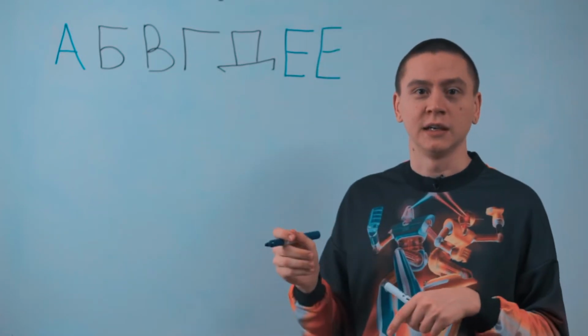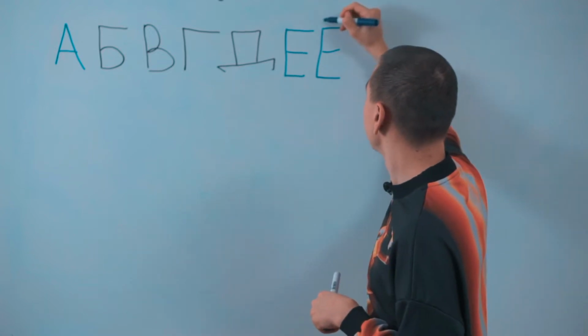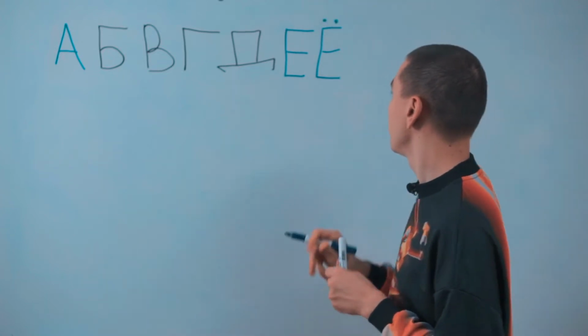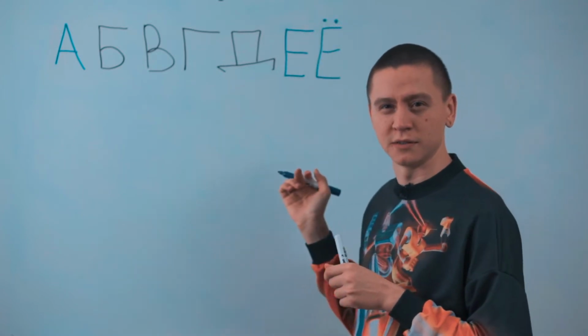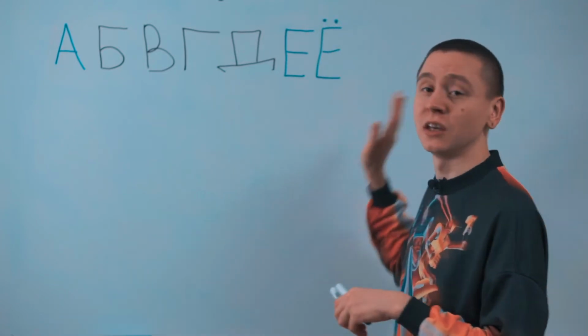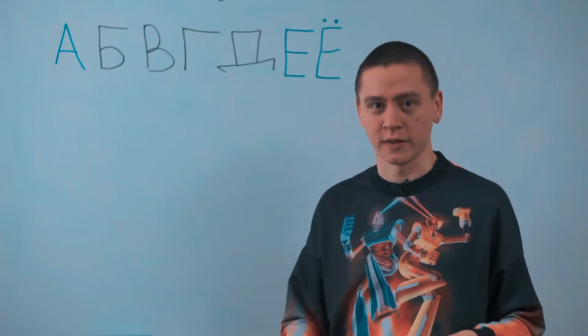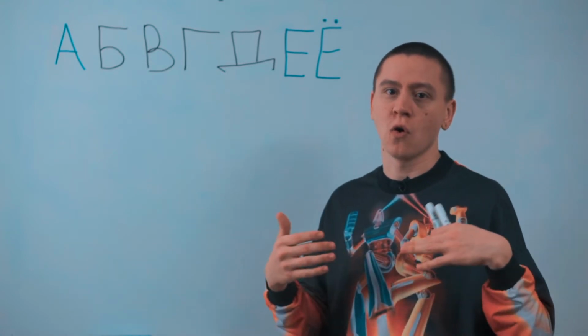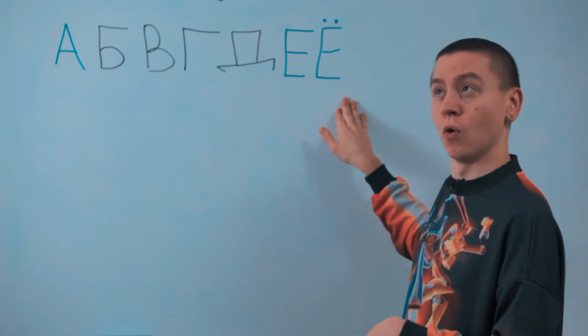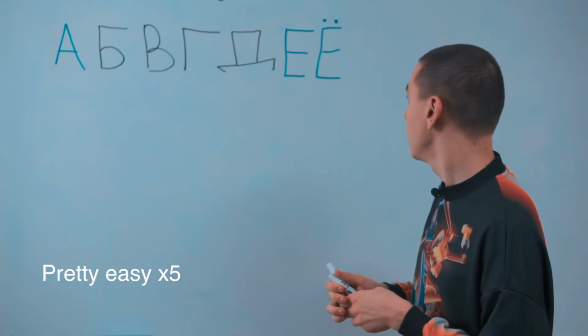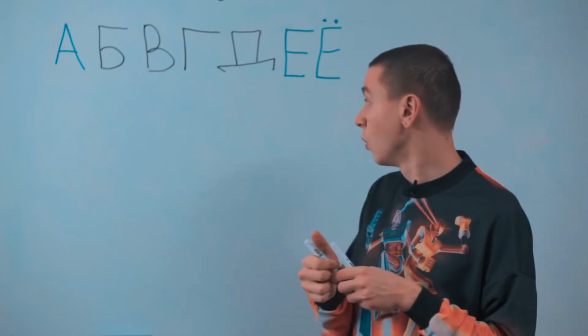It's like yeah, but with these pretty spots. Is it even spots? Okay. The letter yo is read like yo, like y plus o. Pretty easy. Okay, let's go on.